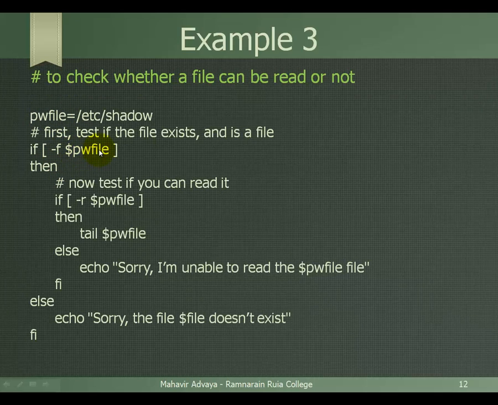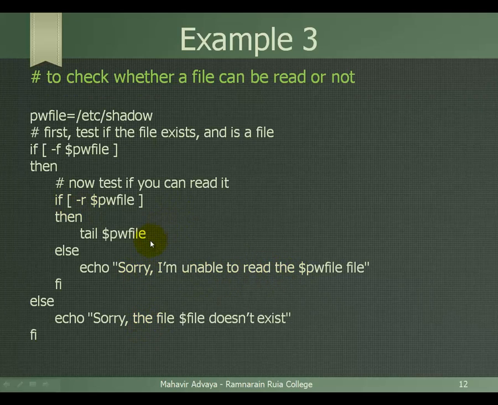So $pw file. If the file exists, then it will check whether it is readable. If it is readable, then we display the last line of that file. So tail is the filter command that allows you to check the last lines of the file. So if there is some error with the reading of the file, then it will display the error message.